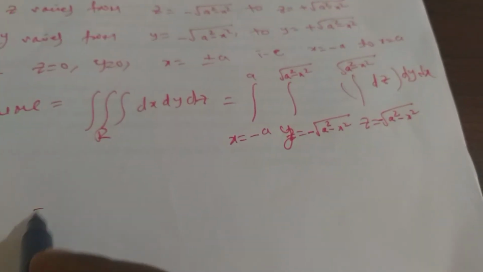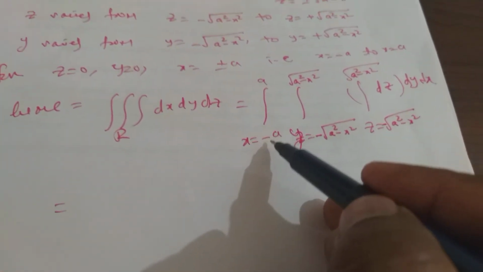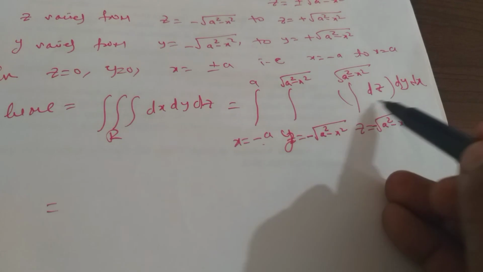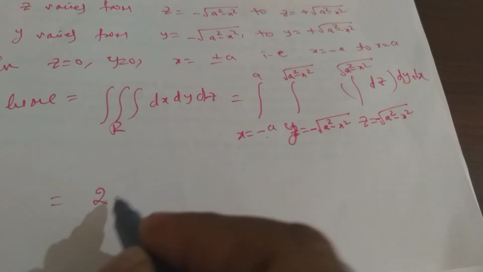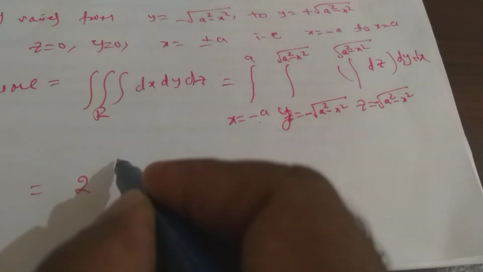So here, integrating minus a to a, and the function is a constant function. For a constant function we can write 2 into integrating x equal to 0 to a.